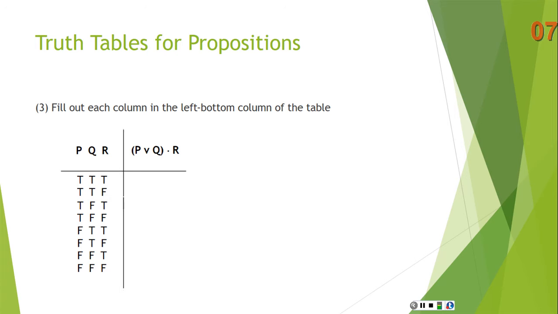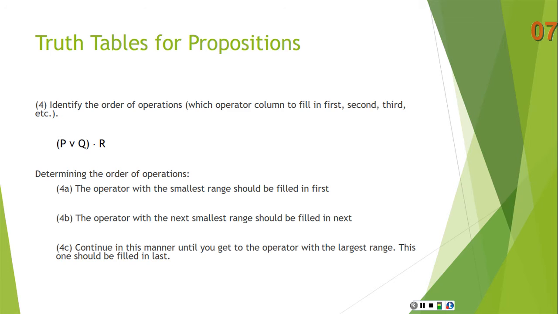Okay, what's next for our truth table? You identify the order of operations, which operator column to fill in first, second, and third. So you have to identify the order in which you fill out this operation and this operation, the logical operators. Here's how you determine the order of operation. The operator with the smallest range should be filled in first. Which has the smallest range, wedge or dot?